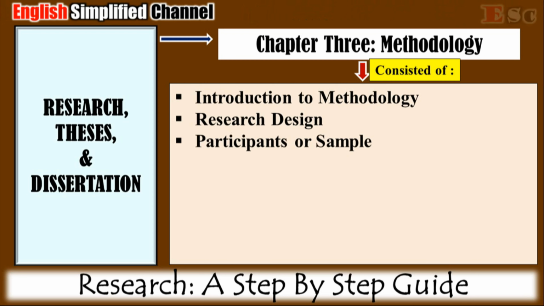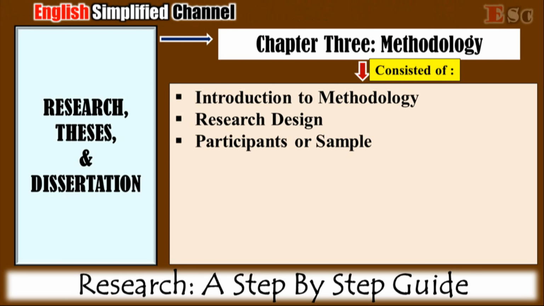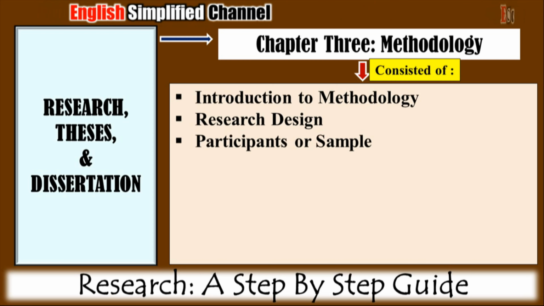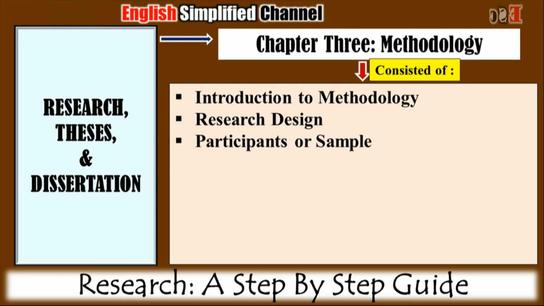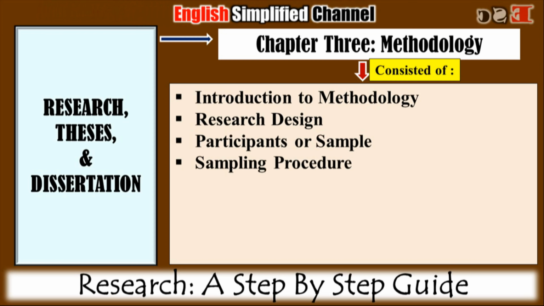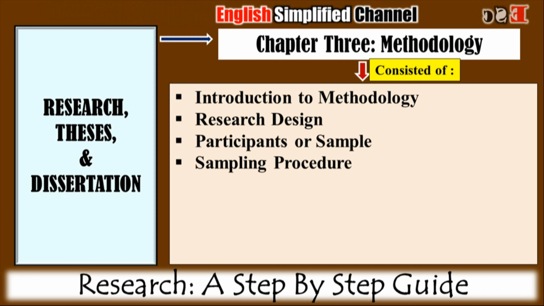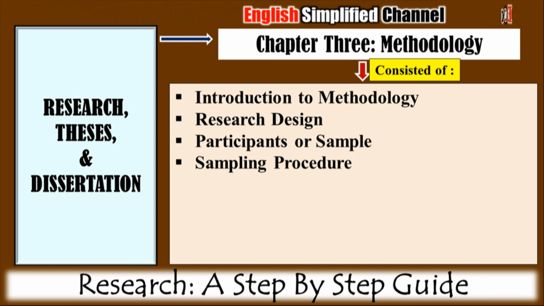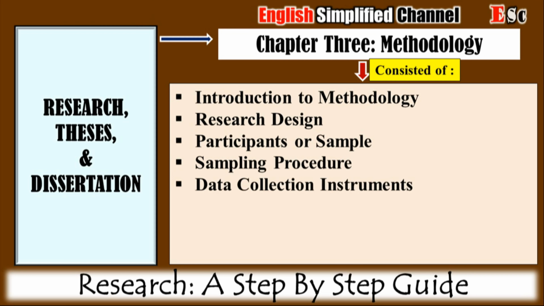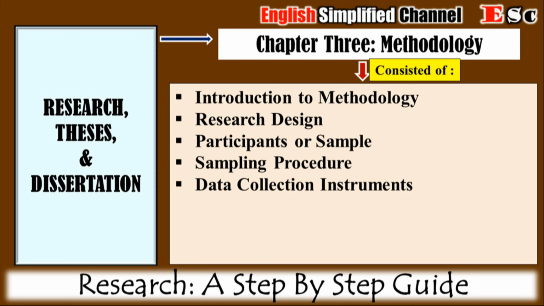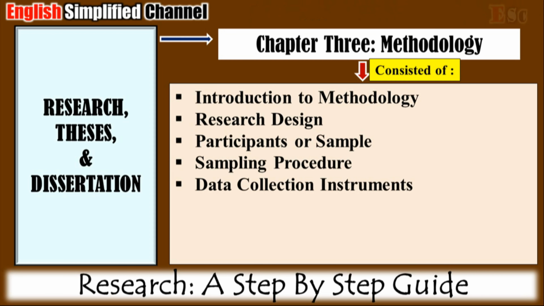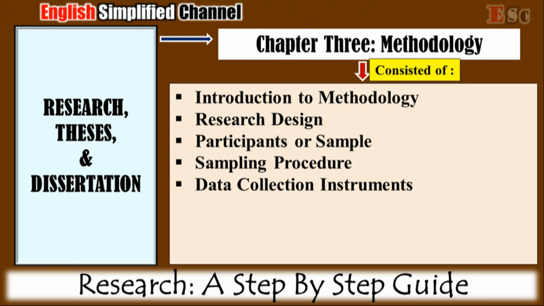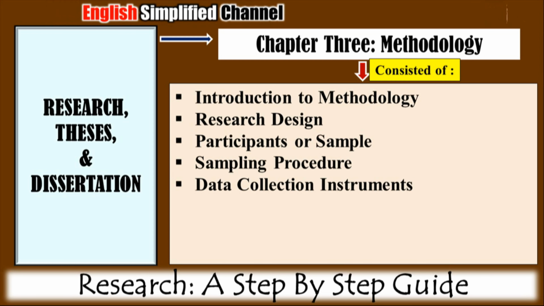The participants or sample. Specify the characteristics of the study population or sample and the criteria for inclusion. The sampling procedure. Explain how participants were selected or recruited for the study. The data collection instruments. Describe the tools or measures used to collect data, for example, surveys, interviews, observation protocols, and so forth.